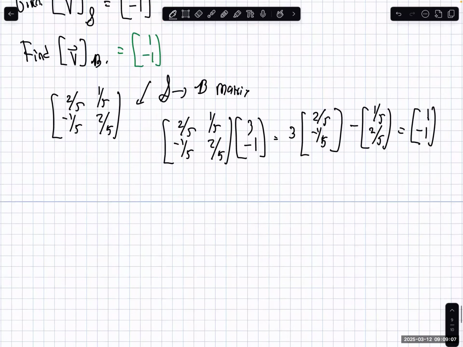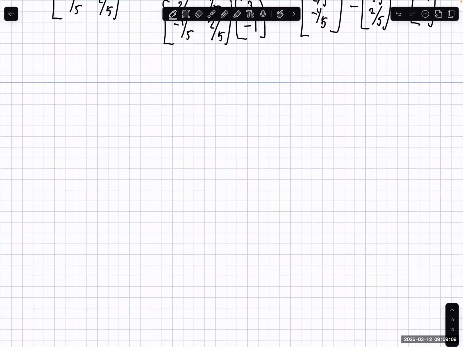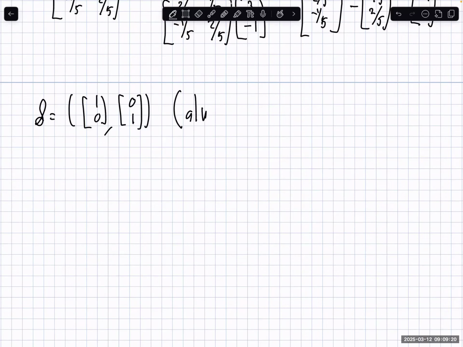So let's just try another one. S will always be the standard coordinate system, the X and Y axis that you learned about in first grade.